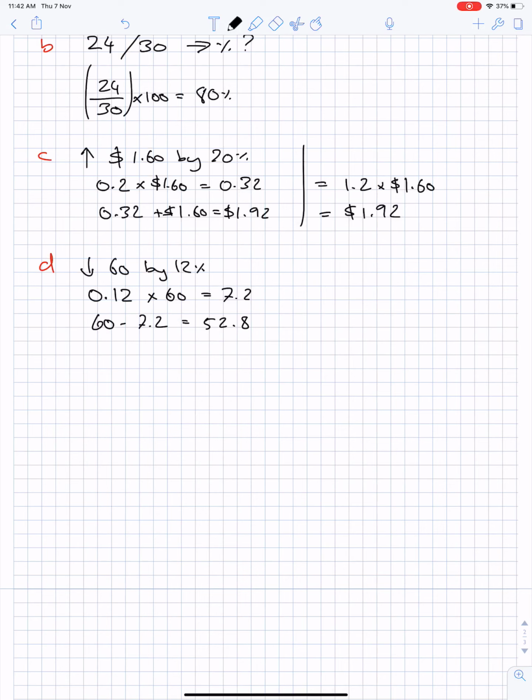Or a simpler, faster method is 100 minus 12, and that's 88. And then you just go 0.88 times 60. And that should give you the same answer, 52.8.